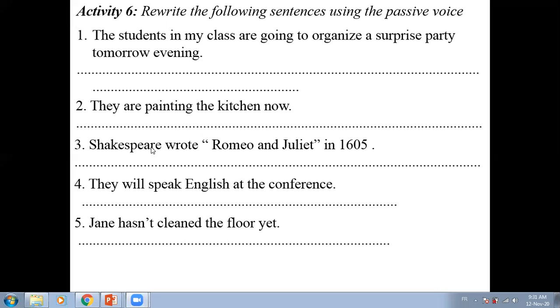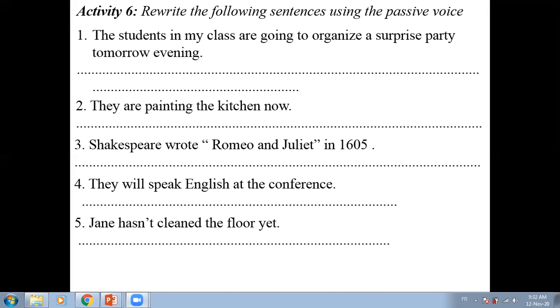Okay, now let's check. The first sentence: students in my class are going to organize a surprise party tomorrow evening. So the object here is a surprise party, right? And you look at this, it is "be going to" plus bare infinitive. So when you use this in passive voice, you must use "be going to" plus "be" and plus past participle.